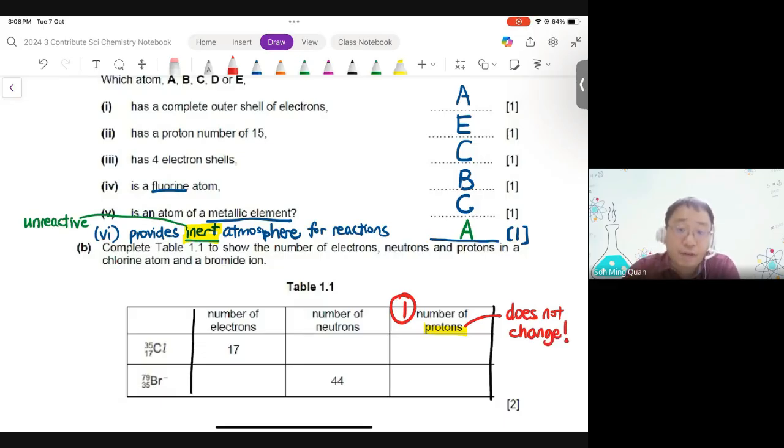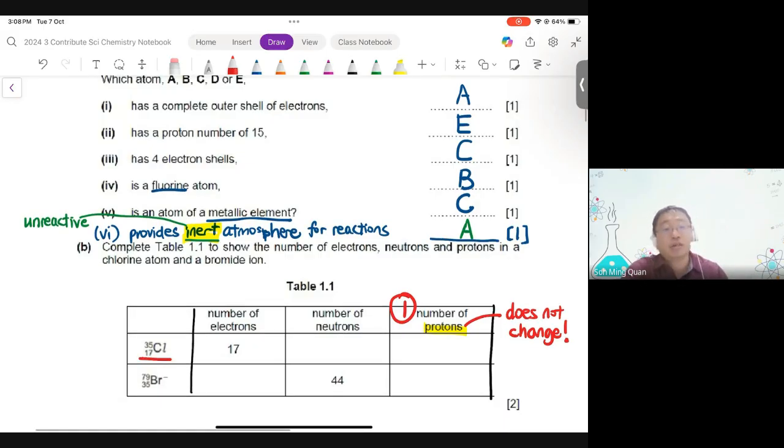You never ever lose or gain protons. Meaning, if it's 19 protons, it will forever be 19 protons, regardless of whether it is an atom, ion, or even a molecule. Okay, so in this case, I'm given Cl 35, 17. The smaller number, 17, is the proton number.